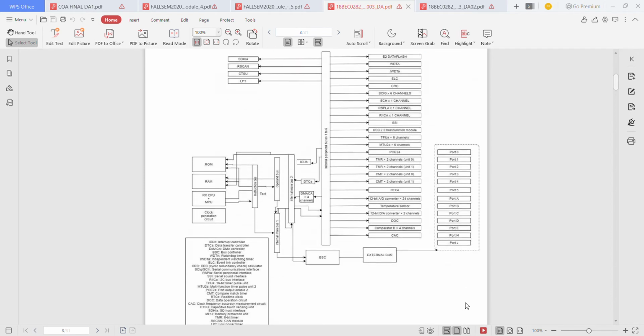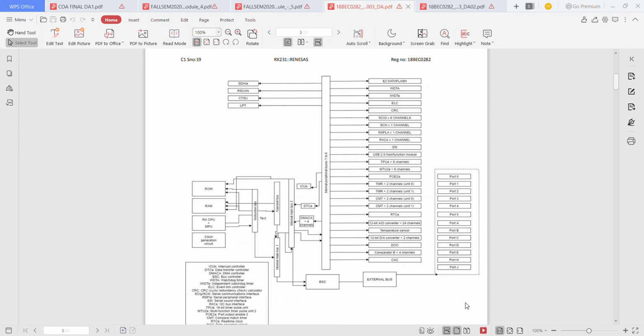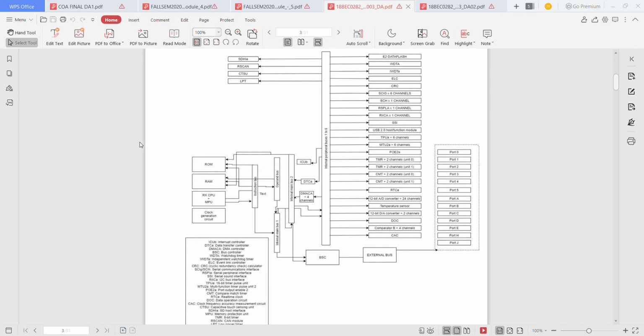This is the block diagram of the microprocessor, and this is the source where I have drawn it. Here is the block diagram where I have drawn it.